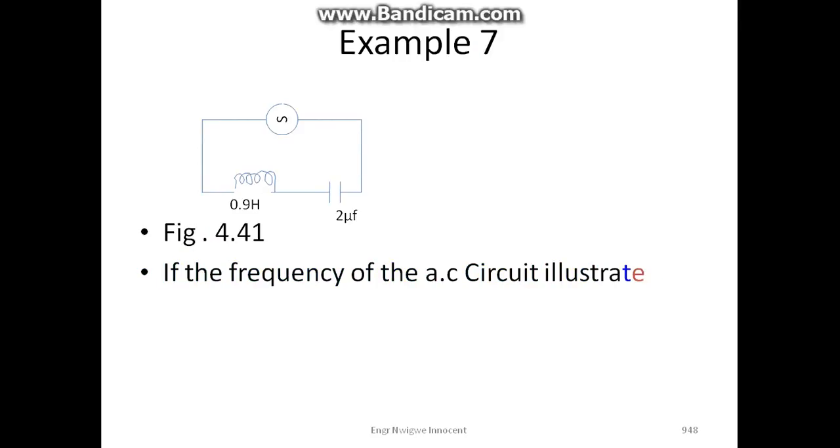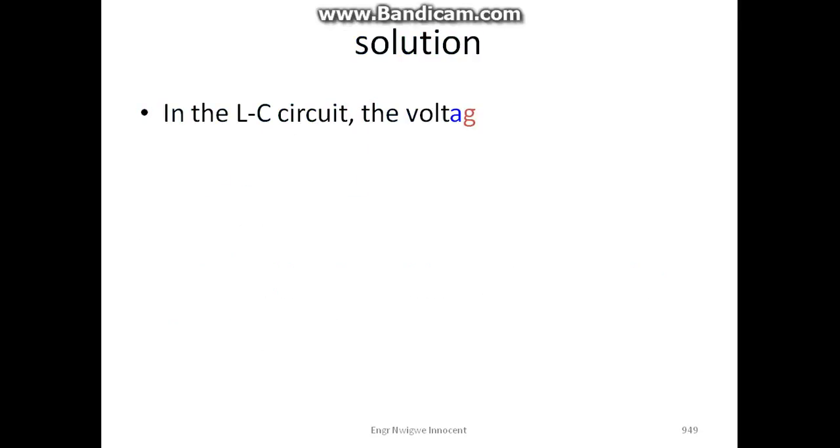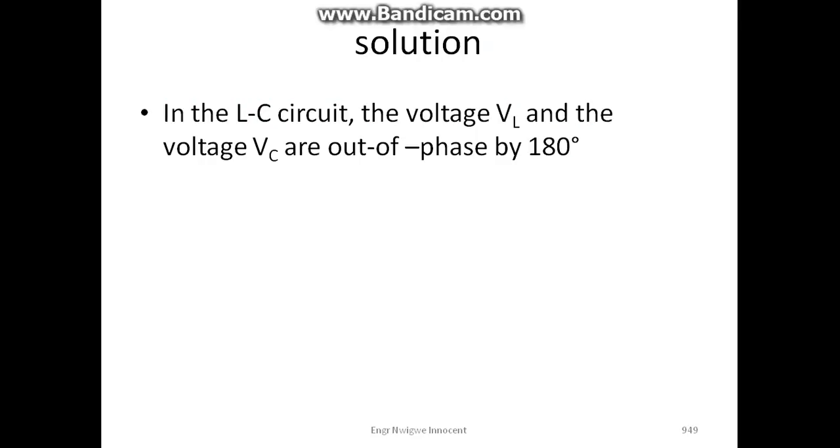Example 7. Figure 4.41 shows a circuit diagram of the example. If the frequency of the AC circuit illustrated above is 500 over pi hertz, what will be the reactance in the circuit? Solution. In the LC circuit, the voltage VL and the voltage VC are out of phase by 180 degrees.